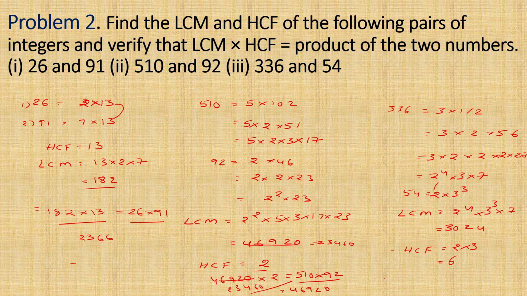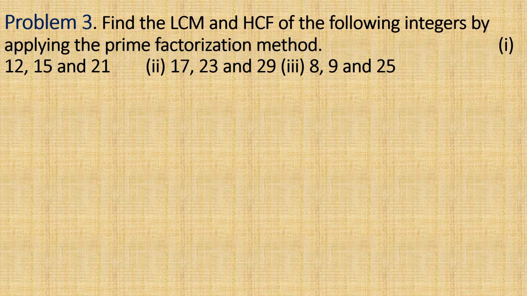Here also 3024 is the LCM multiplied by 6 HCF is equal to 336 into 54. For both you will get 18144. Okay. Here for two numbers we have calculated the LCM and HCF and their product also we calculated.